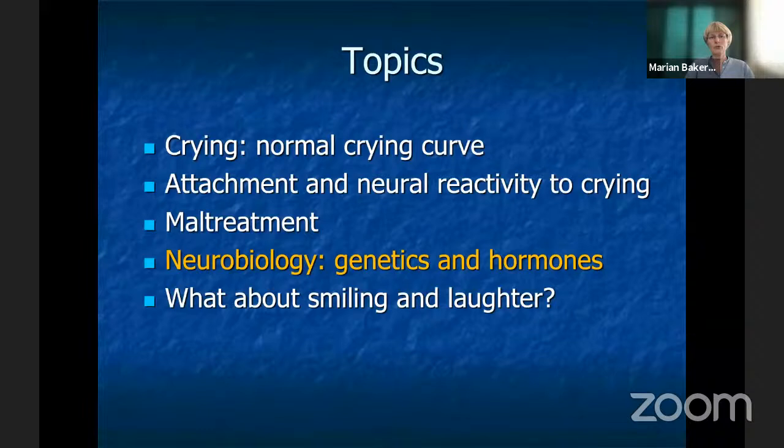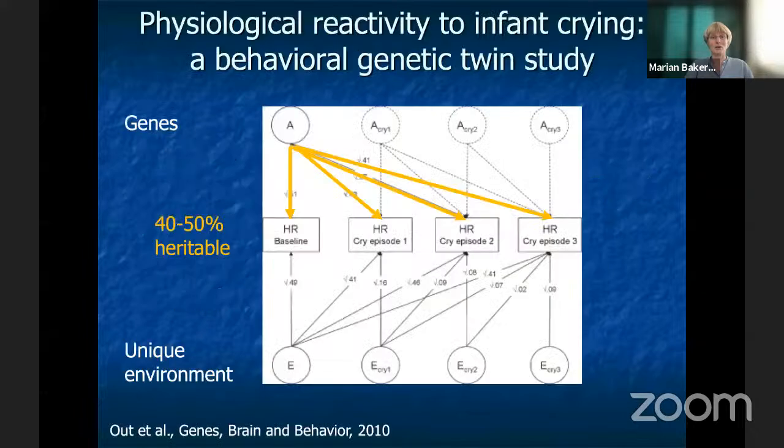Turning to neurobiology, genetics, and hormones. May it be in our genes how we react to infant cry sounds? We did a study measuring that. We examined adults' cardiac reactivity to repeated cry sounds in a genetically informative design, that is, including both monozygotic twins and dizygotic twins.